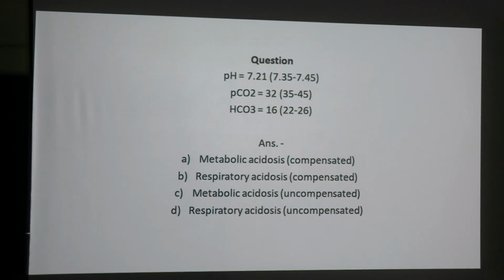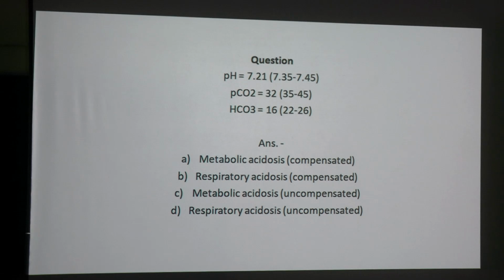Now, there is a question: pH 7.21, PCO2 32, bicarbonate 16. So, interpret this ABG. Metabolic acidosis. Explain. pH is low, so acidosis. First what were we told to look at? pH and PCO2.